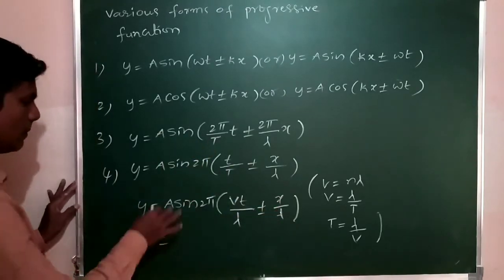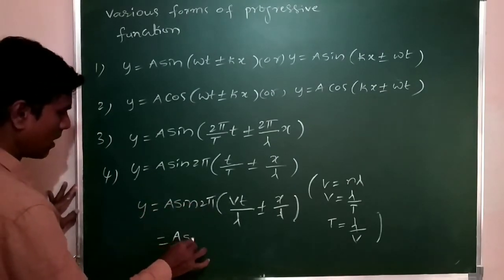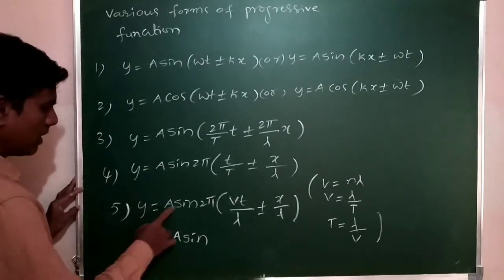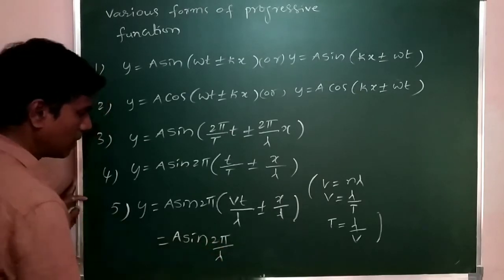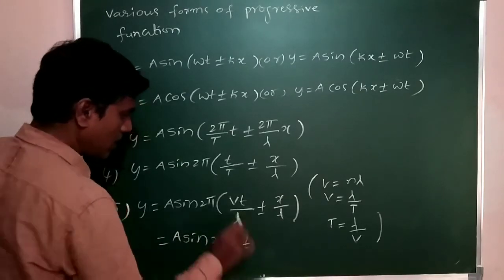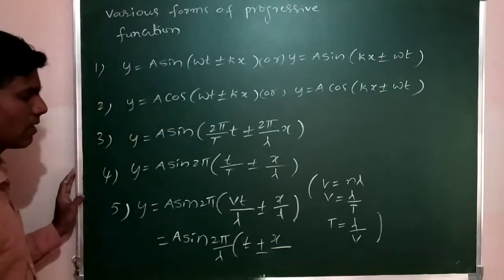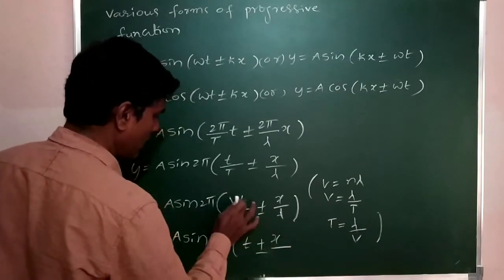Here that is equal to a sine 2 pi. This is the fifth equation of progressive wave. y equal to a sine 2 pi by lambda into vt plus or minus x. Only x, here is only vt.